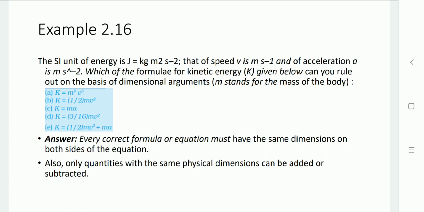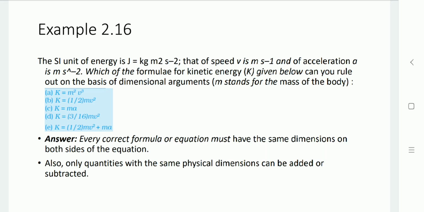For option A, that is m square v cube, whose dimension we can get as m square L cube t raised to minus 3. In the second equation, we are having the dimension 1/2 mv square, that is equal to m L square t raised to minus 2. And that is the same we can get for D, that is 3/16, but if we are not going to consider its magnitude, then B and D having the same equation mv square.